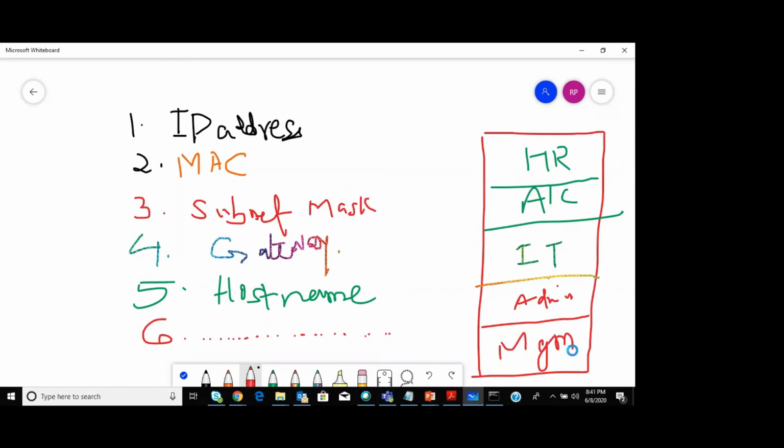When I say management, that means the owner of the company, CIO, CTO, any top people who are managing the company.